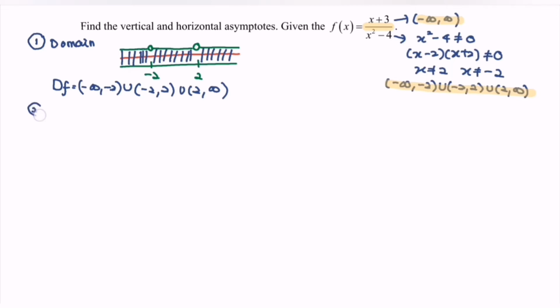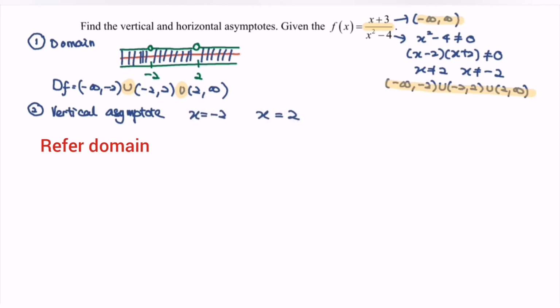Step number 2, vertical asymptote. In this case, kindly refer to the domain. We have two vertical asymptotes, which are x equals negative 2 and x equals 2.